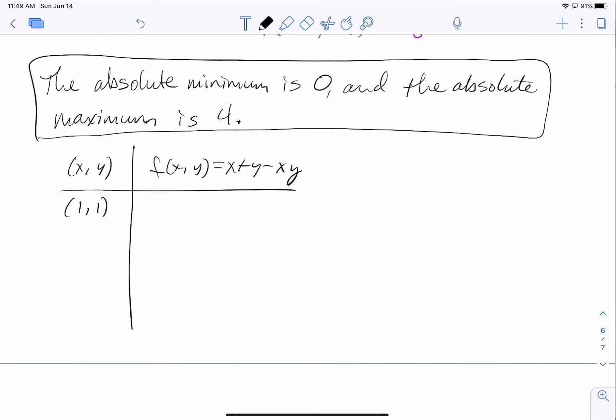And then we found on the boundary we cared about (0, 0), (0, 2), (4, 0), and finally (3/2, 5/4).